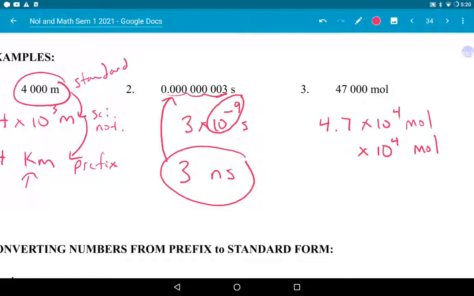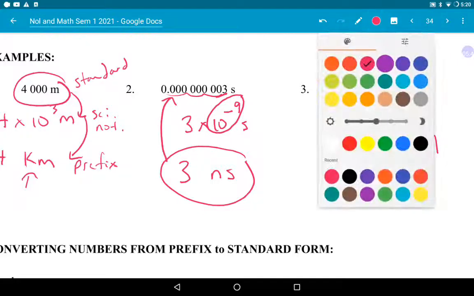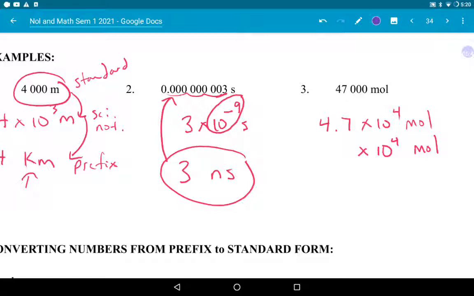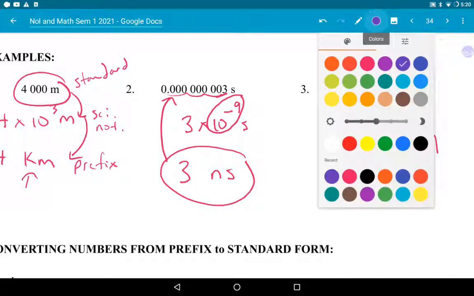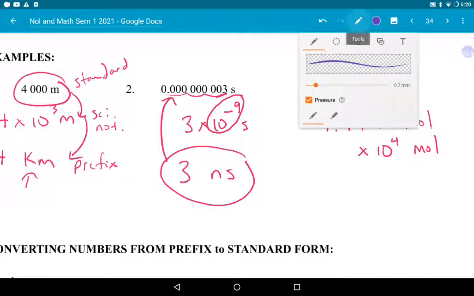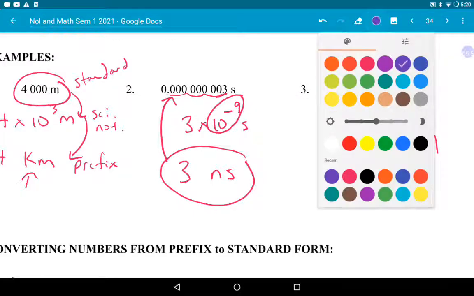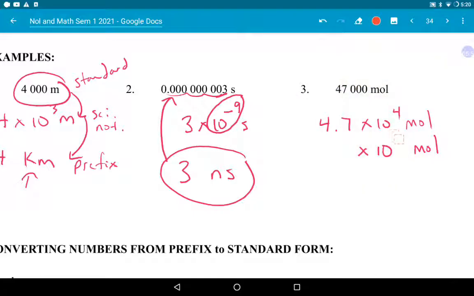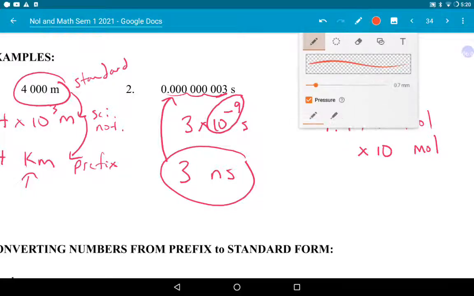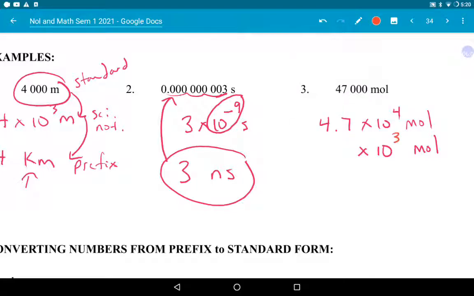So what I'm going to do is I'm actually going to reduce this exponent. But if I reduce this by a factor of 10, oops, sorry, just give me a sec. I didn't actually reduce it. 10 to the 3. Okay, so I reduced that because I know 10 to the 3 is kilo.